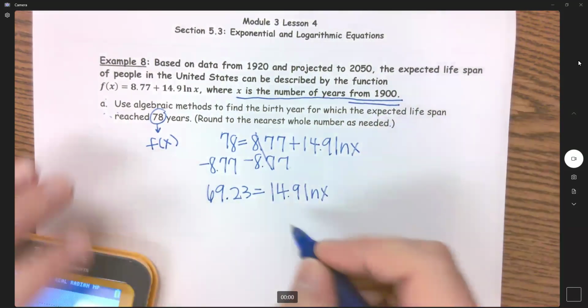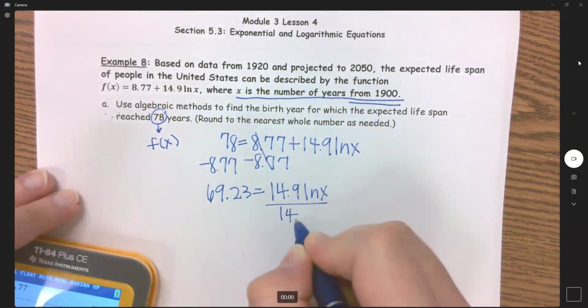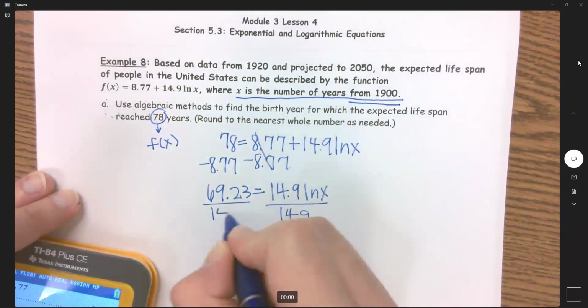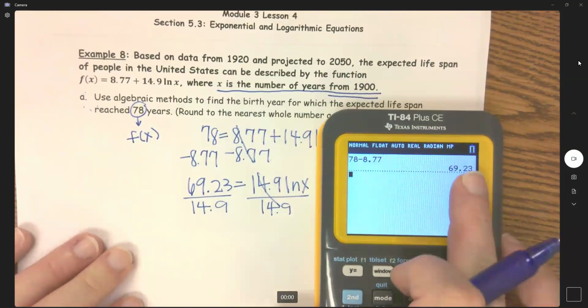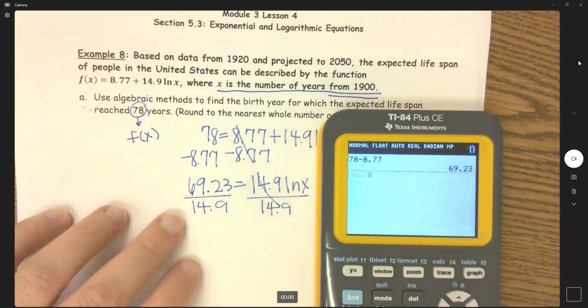Okay, now I need to divide by 14.9. And so I just subtracted, so all I need to do is divide. It takes your last answer, divided by 14.9.